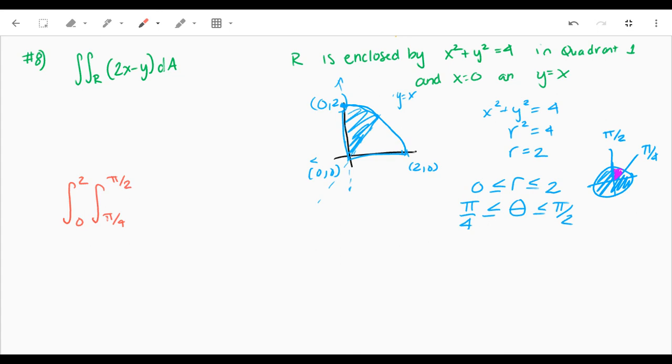So then I'll have at the end d theta dr with the r. And then I have to switch this. So x equals r cosine theta, and y equals r sine theta. So I'm going to have 2 r cosine theta minus r sine theta. So this is the integral that I want to do.